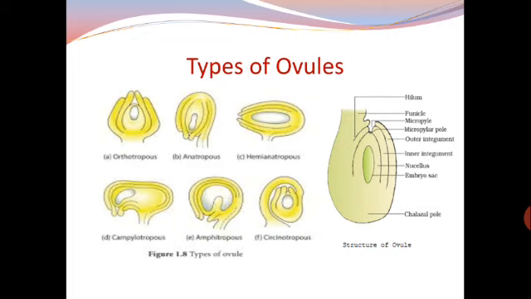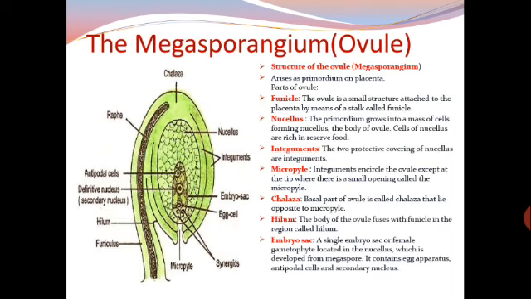The labelings are the same; the only difference is that in the orthotropous ovule the body of the ovule is straight, so the chalaza, nucellus, integuments and the funicle which attaches the ovule to the placenta all lie in the same line. This is the orthotropous ovule shown here, and the earlier one is the anatropous ovule.